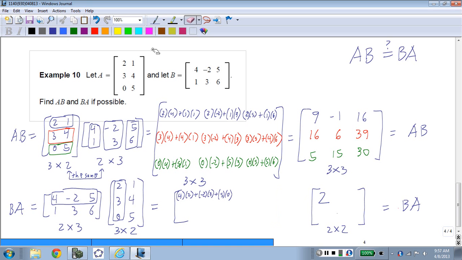Give myself a little more space. Why does it have to be so cramped? I don't know. Multiply row 1 of the matrix on the left by column 2 of the matrix on the right. And it's going to be 4 times 1 plus negative 2 times 4 plus 5 times 5.